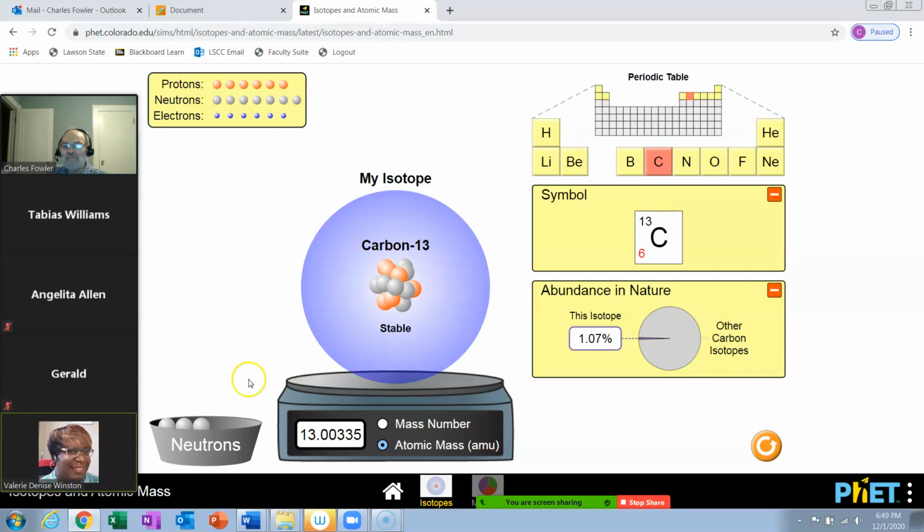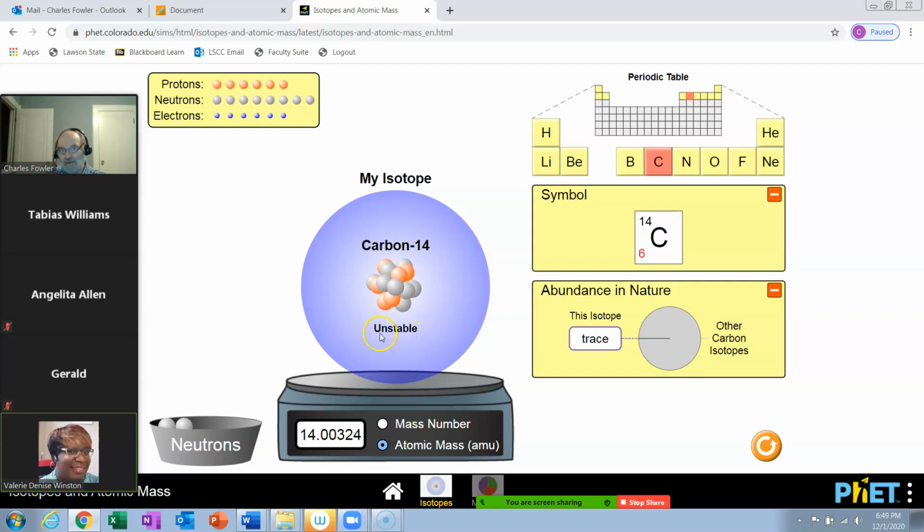Has anyone ever heard of carbon-14? Okay, before we go there, to answer that question, how many protons? 6. How many neutrons? 8. How many electrons? 6. To be neutral, it has to be. Is it stable?